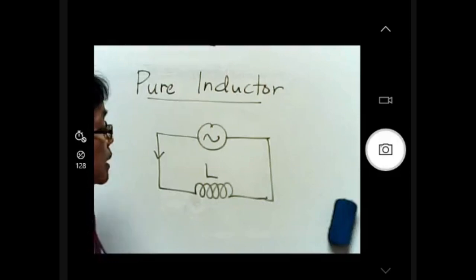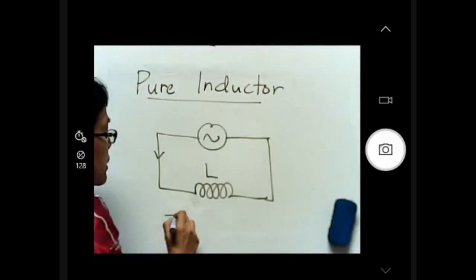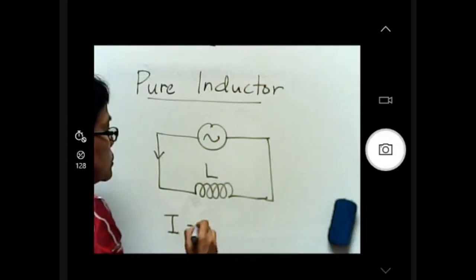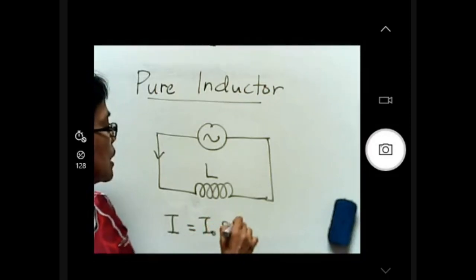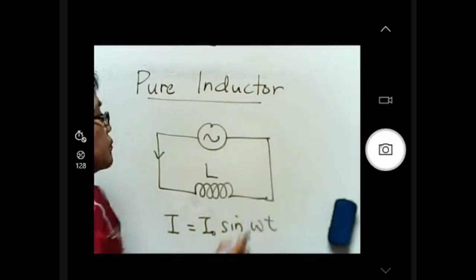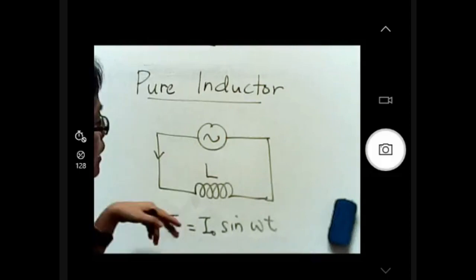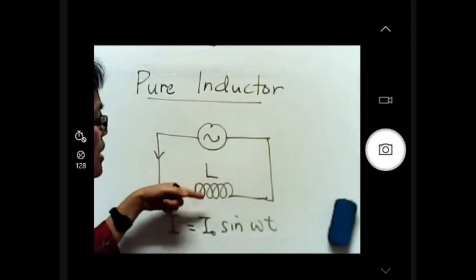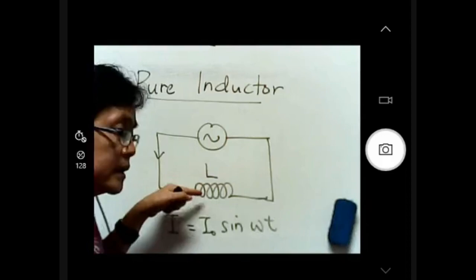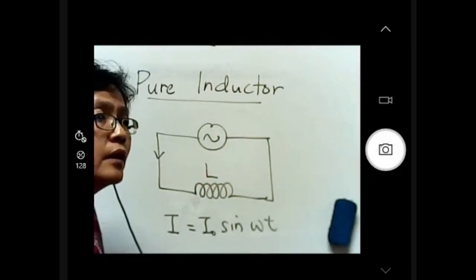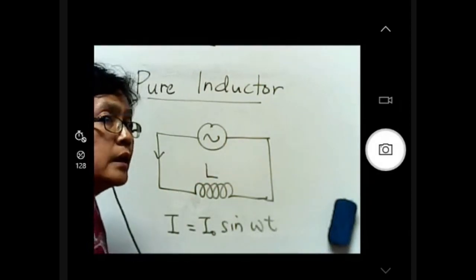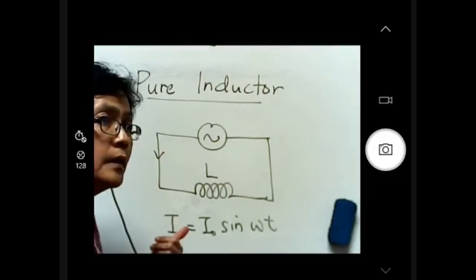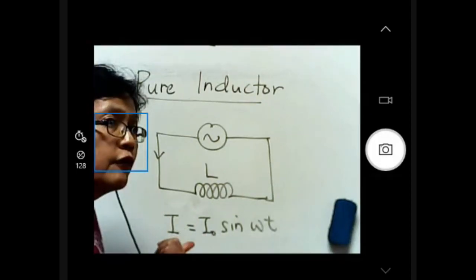So let me start by taking current as I equals I naught sine omega t. So as we know, if there is current changing in the inductor, then the phenomenon of self-induction will occur. If self-induction occurs, meaning there will be an induced EMF.